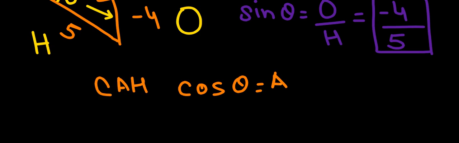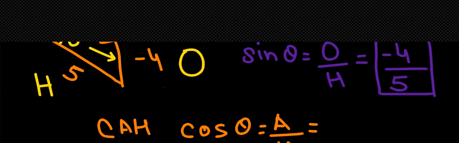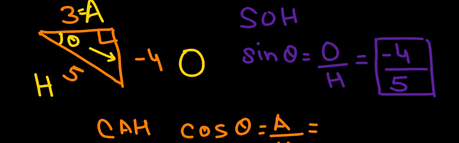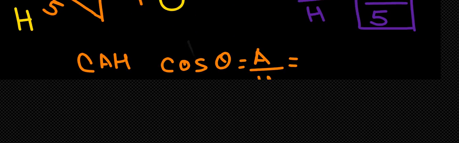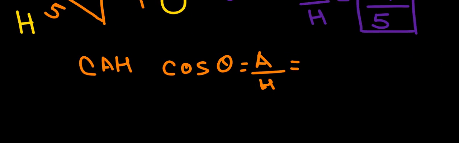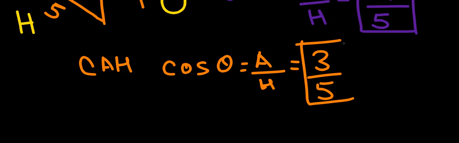That's adjacent over hypotenuse, and if you see here, adjacent is 3, hypotenuse is 5. So we are going to write 3 over 5, and that's your cos theta. And again, we are going to box it.